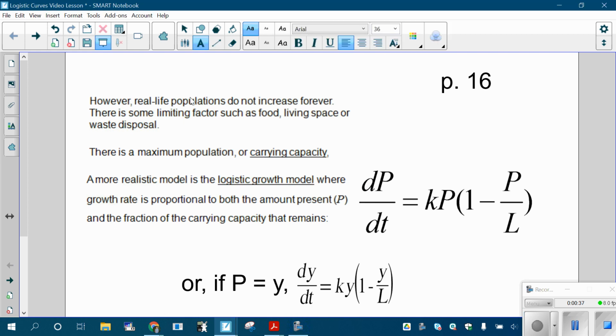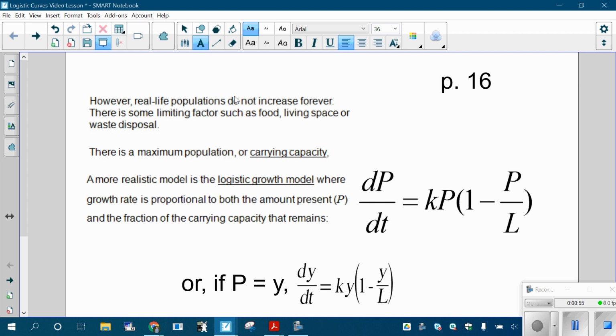So if you think about populations, or really it's most things, they don't increase exponentially. They level out at some point because of real world factors that are limiting them becoming unlimited, right?